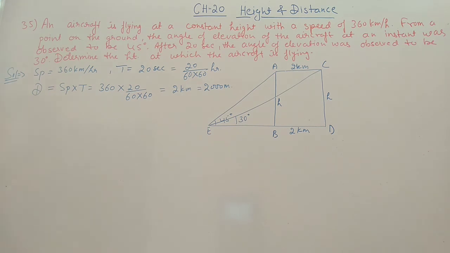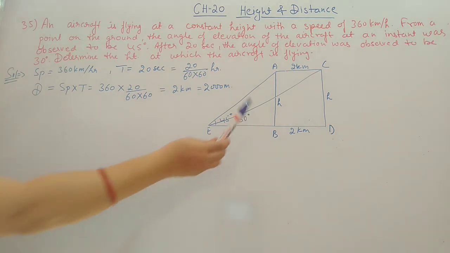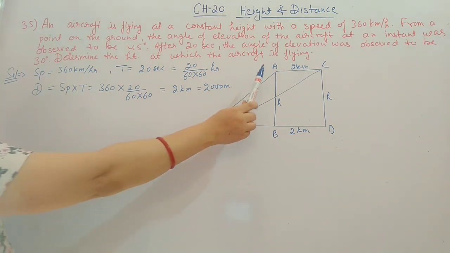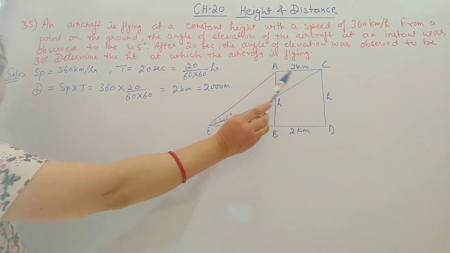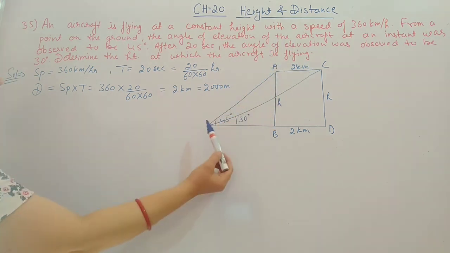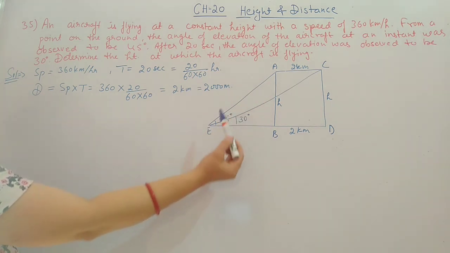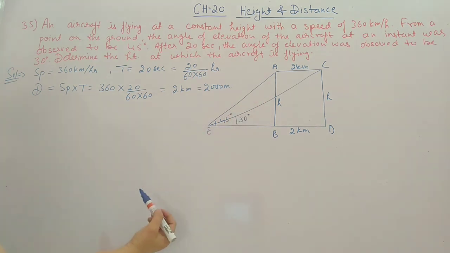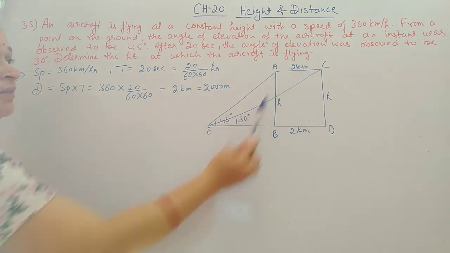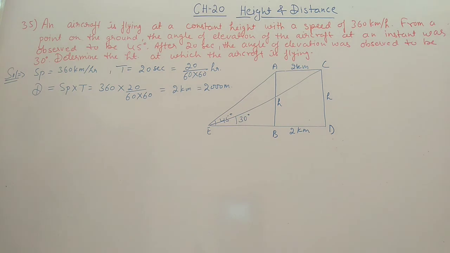So suppose first aircraft was at position A and after 20 seconds it will reach at C. For this first position, angle of elevation from this point is 45 degree and for the second position, angle of elevation is 30 degree.